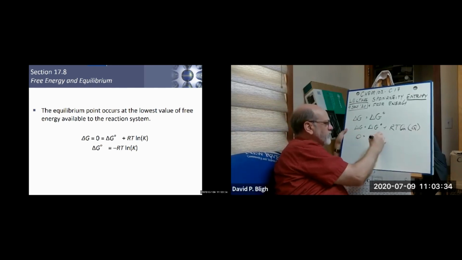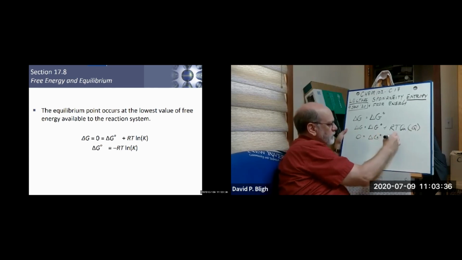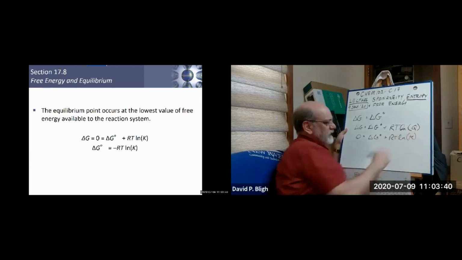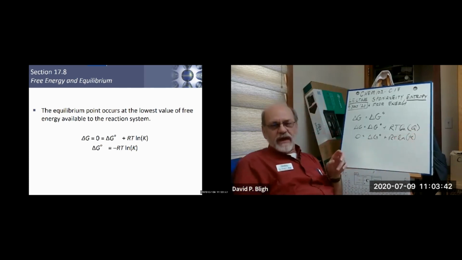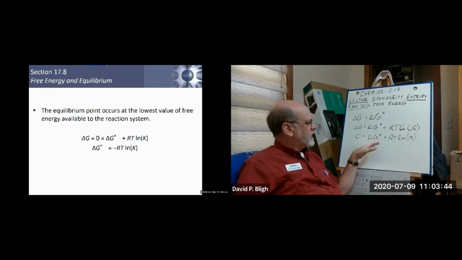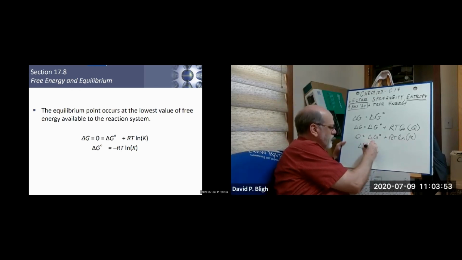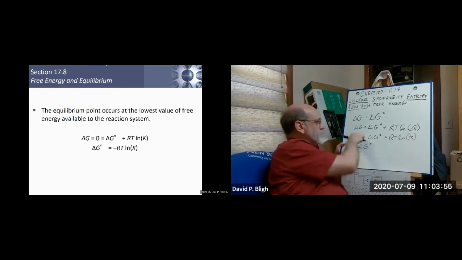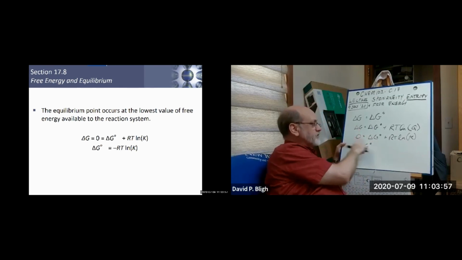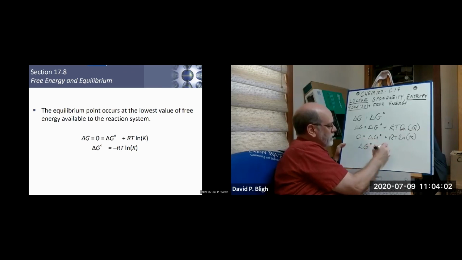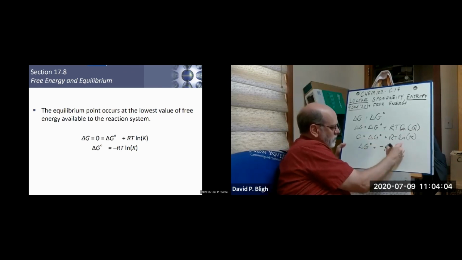And equilibrium is always K, the equilibrium constant. Now we have a way to either calculate delta G from K or K from delta G. So delta G is 0 at equilibrium, so we can calculate delta G 0 under standard conditions if we know K.